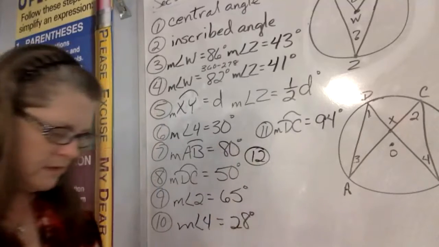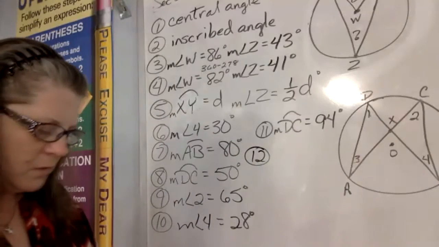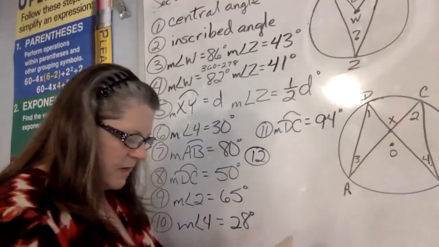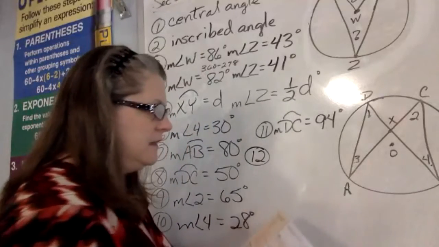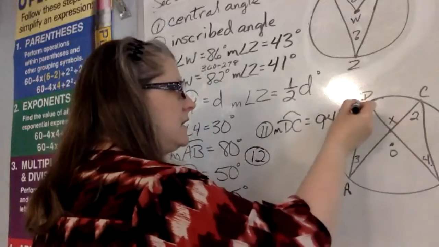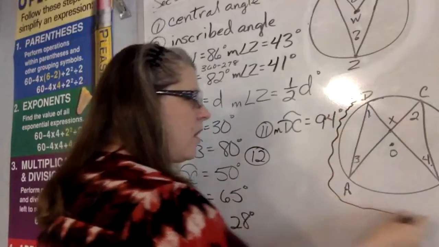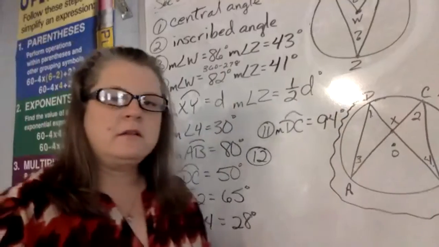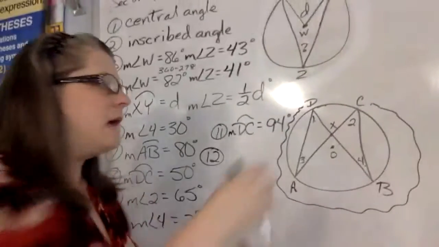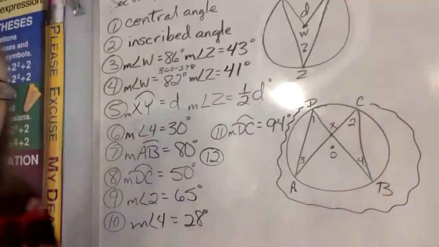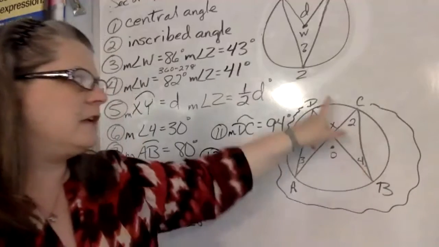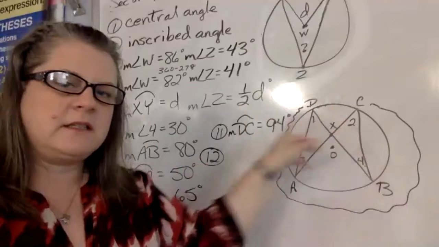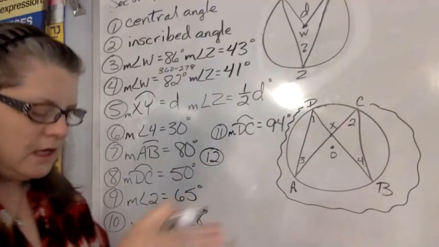Number 12. If measure of angle 4 is 30, it wants to know the measure of arc DBC. So DBC is from here all the way around to here. So I'm not looking for DC, I'm looking for the rest of the way around the circle. But if I know this angle, I can find this arc, and then I can subtract it from 360, because that's what an entire circle equals.